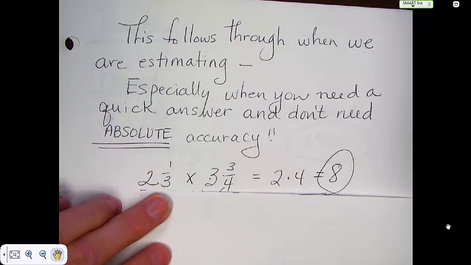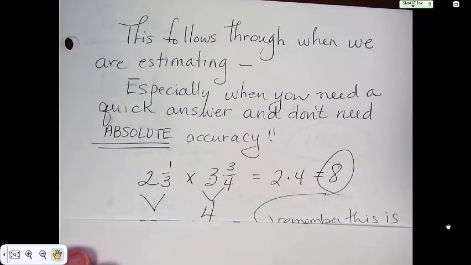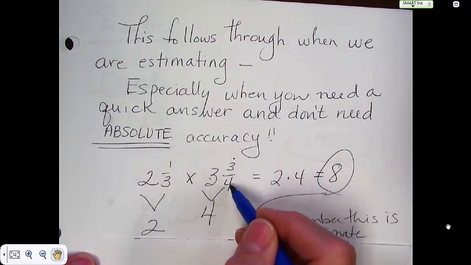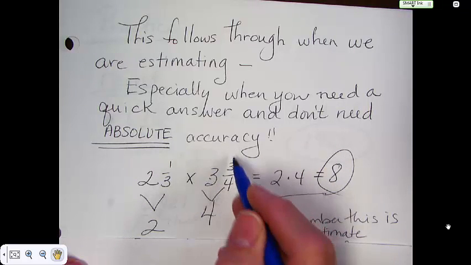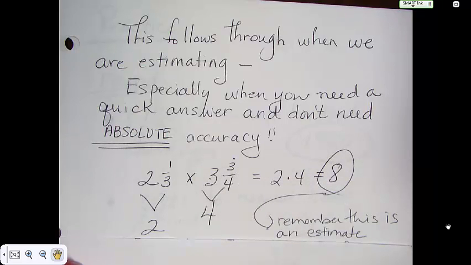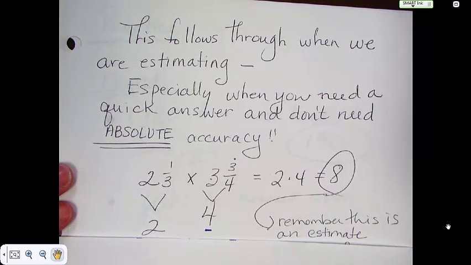Well, 1/3 is closer to 0, so that's going to stay at 2. And at 3 3/4 here, well, 3/4, half of 4 would be 2. So 3 is definitely bigger than 2, and if you know 3/4 is often referred to as 75%, or 75 over 100, so it's definitely closer to 1. So this is going to round to 4, and 2 times 4 is 8.